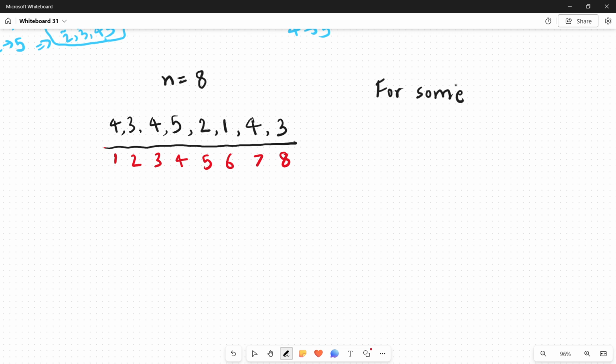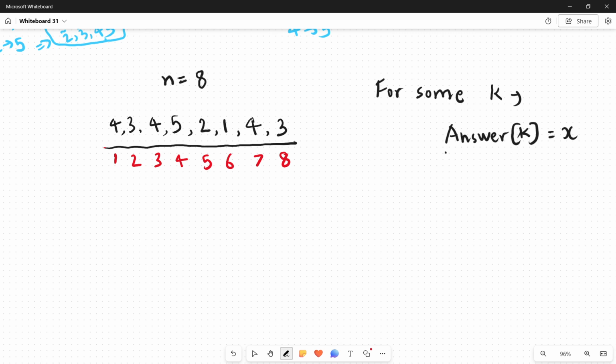Let's take a look at the values of k and its corresponding answers generally. We are going to generalize the terms. So for some k, let the answer of k be x.